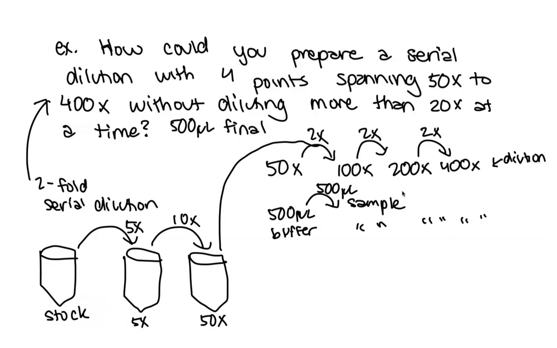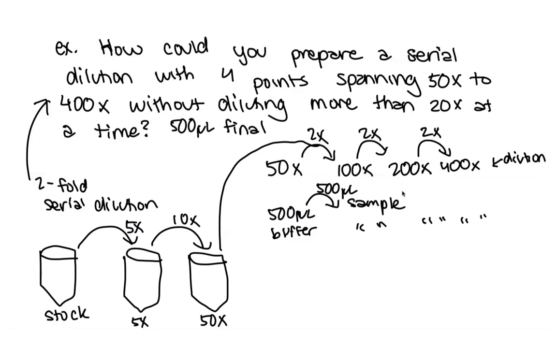So how are we going to make that 5x and how are we going to make that 10x? Well, we can just take our final volume. So let's say that we want a final volume of a milliliter. That's not really our final volume because we're going to be taking some of it out, but we'll still have enough left over in the tubes if we only needed 500 microliters of each of them, because we'll be taking away a smaller volume.